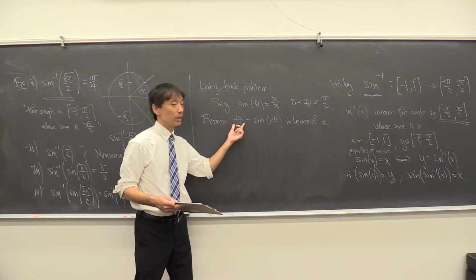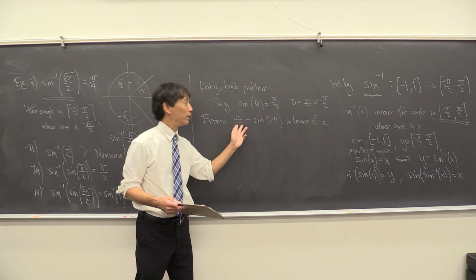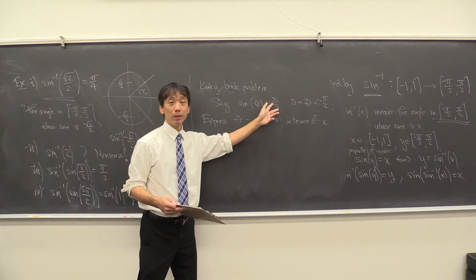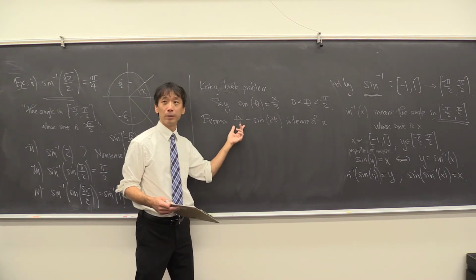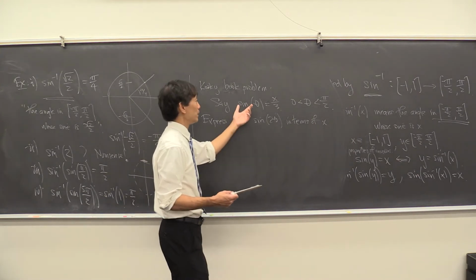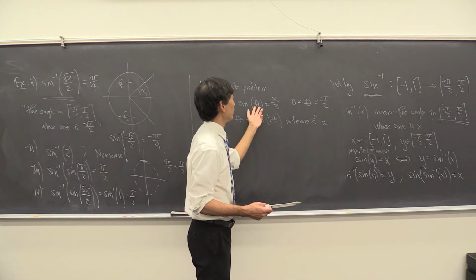How are we going to express, does anybody have an idea about this? How would we express theta in terms of x? Well, sine theta is x over 3, so what's theta? Stella? Could you maybe apply sine inverse to both sides? Yes, exactly. So you say, okay, this is good.